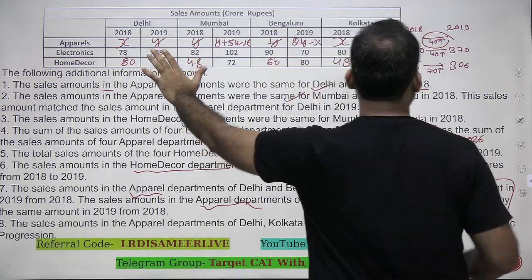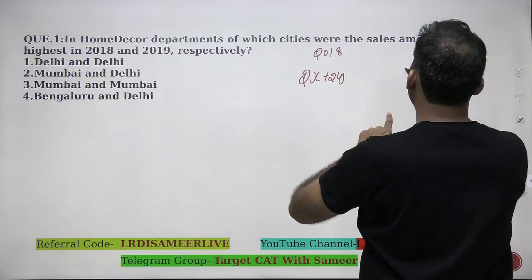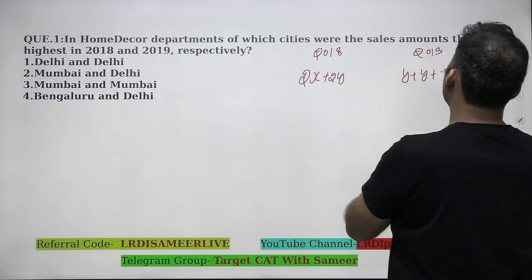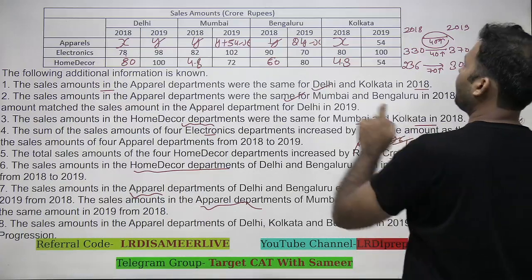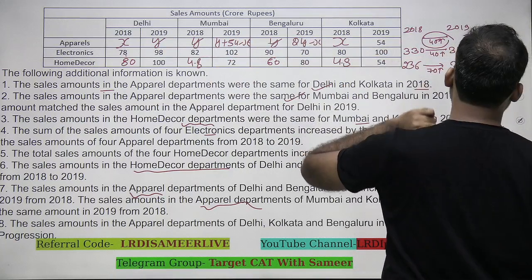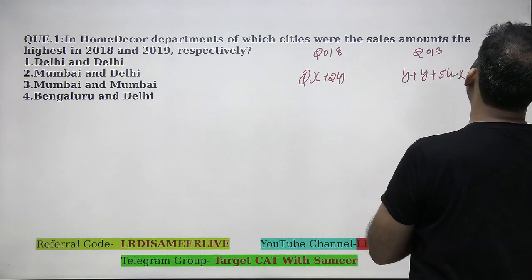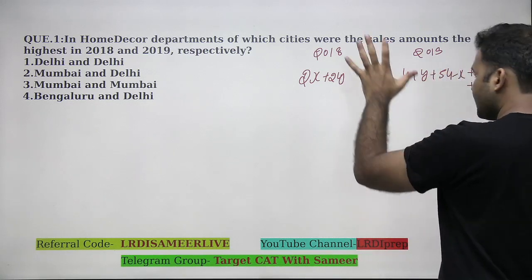All right, let's write it down completely. Y plus 54 minus x, y plus 54 minus x. I'm looking at the sale of 2019, guys. 2y minus x plus 54, plus 2y minus x plus 54. Now this is the sale of 2019, and this is the sale of 2018.